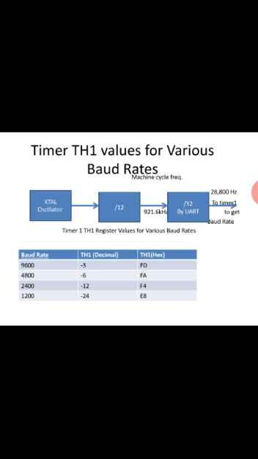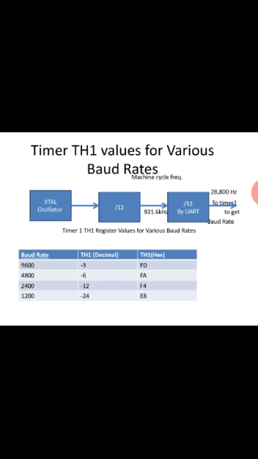First, the oscillator frequency of 11.0592 MHz is divided by 12, because 1 machine cycle is equivalent to 12 clock cycles, as we already saw. When you divide 11.0592 MHz by 12, you get 921.6 kilohertz.